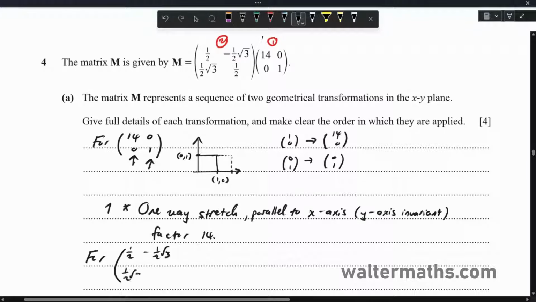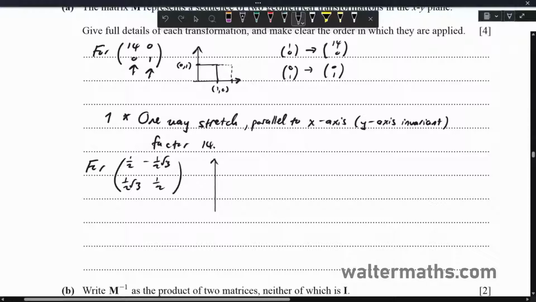So essentially, if we have, say, the axes like this, and we start with the point 1, 0, the point 1, 0 is being transformed onto a half and half root 3. Okay, so a half and half root 3 could be somewhere here, with this being a half and this being a half root 3.